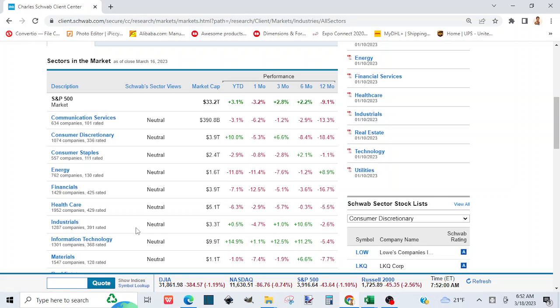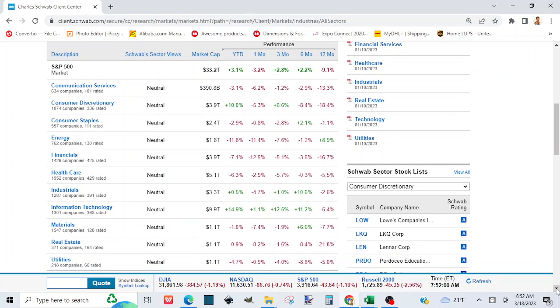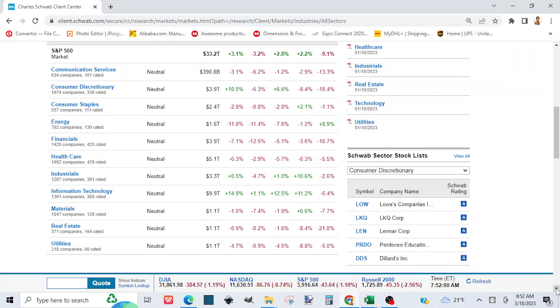And you can use a spreadsheet to record the different sectors. If you use a different brokerage account and you don't know your way around that website to find those sectors, I can give you a few seconds to record those sectors.